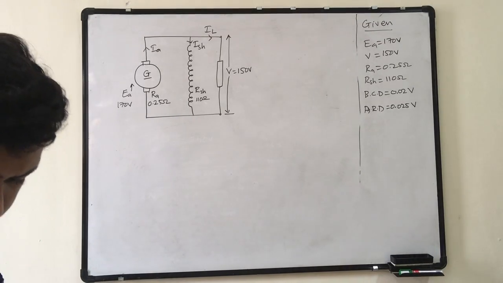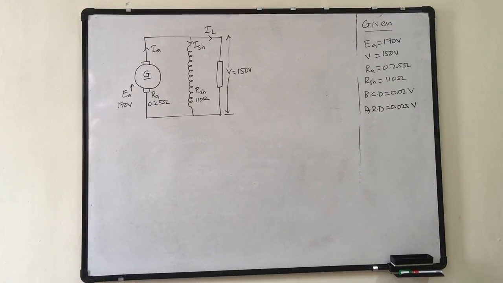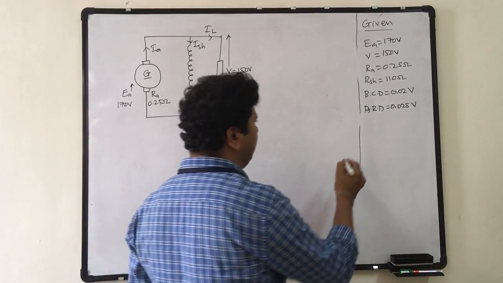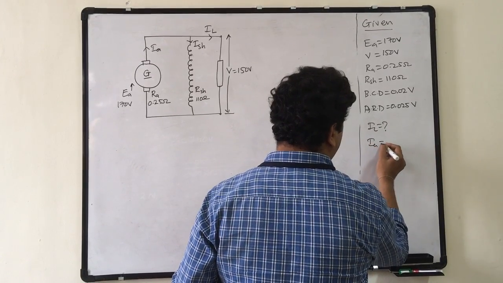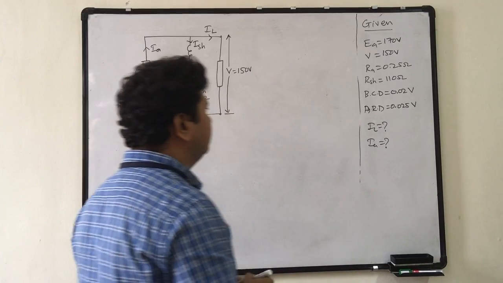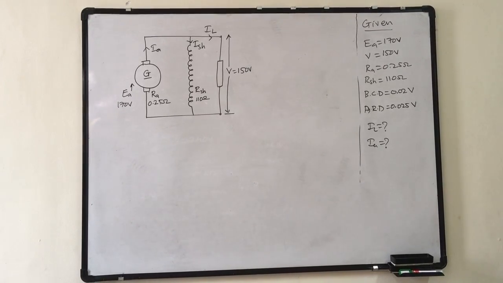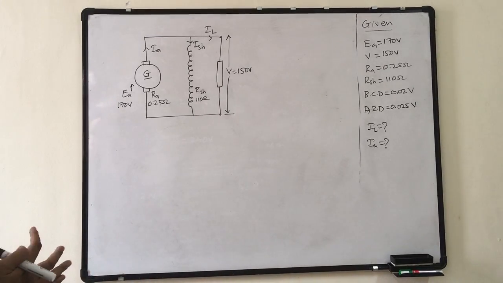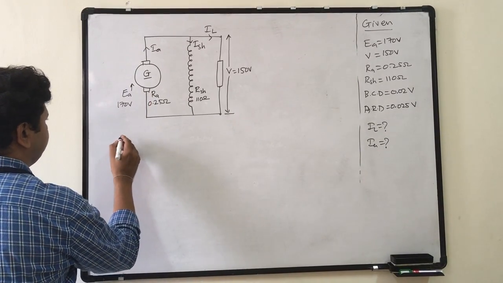Now what I need to find is the load current IL and armature current IA. What is IL and what is IA? Now, what is ISH?